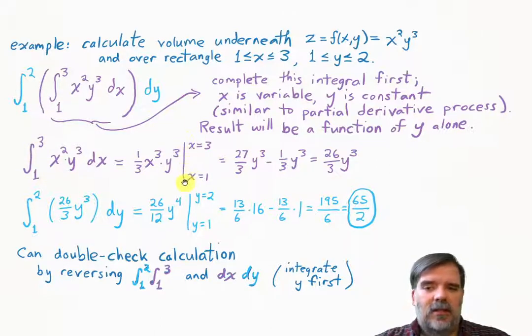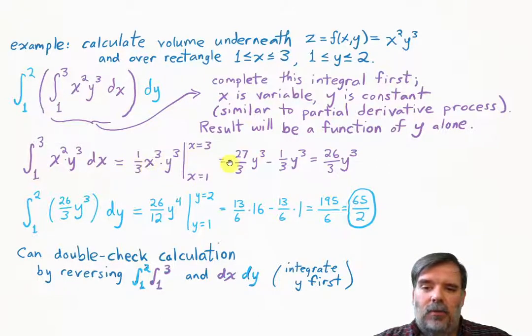And I'm still using this line notation, meaning to evaluate this expression. Just to be very clear, to reduce the possibility of a mistake, I'm saying x equals 3 and x equals 1, to make sure we remember to plug them in for the correct variable. We plug in the top value first, and then subtract, plugging in the bottom value.